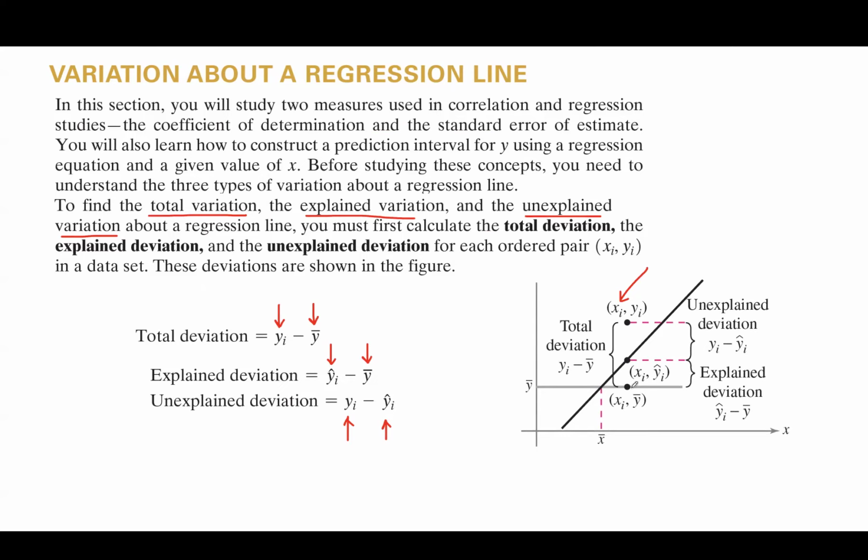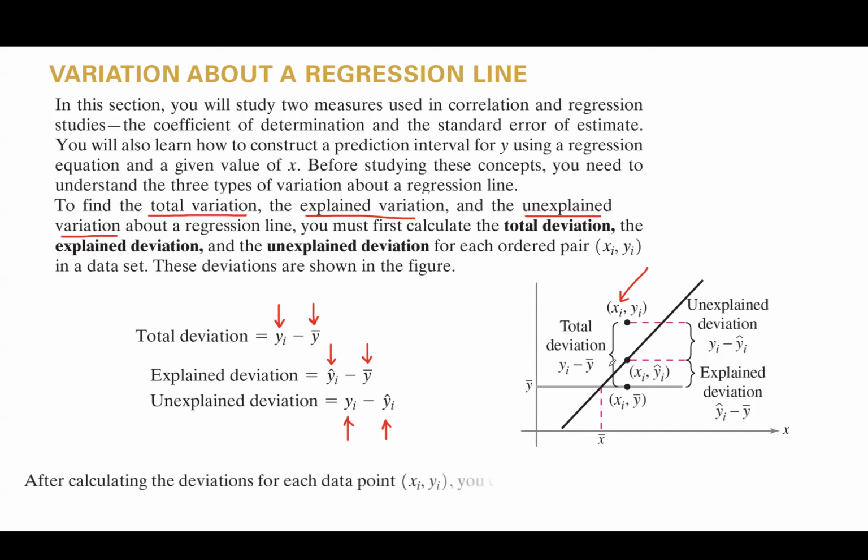You also have a difference between the predicted y value and the average y, which is defined as explained deviation. You also have a difference between the actual y value and the average y value, which is called the total deviation.